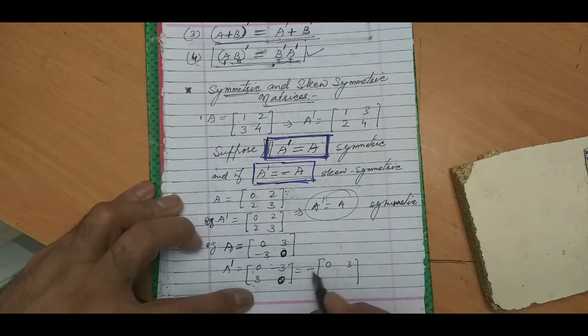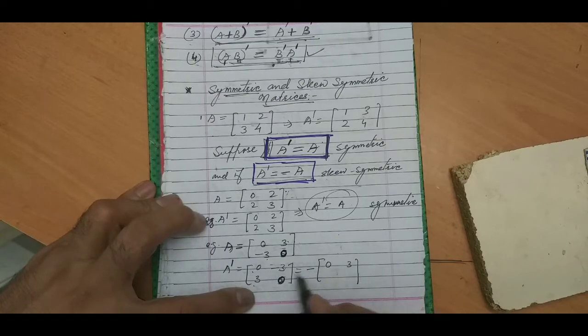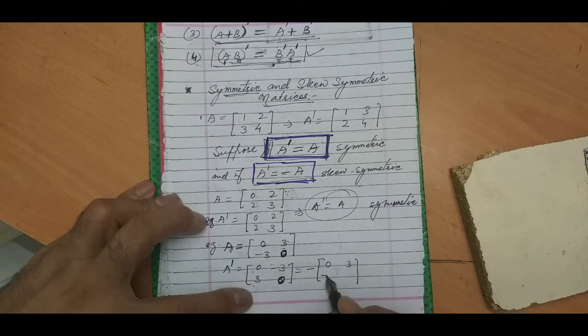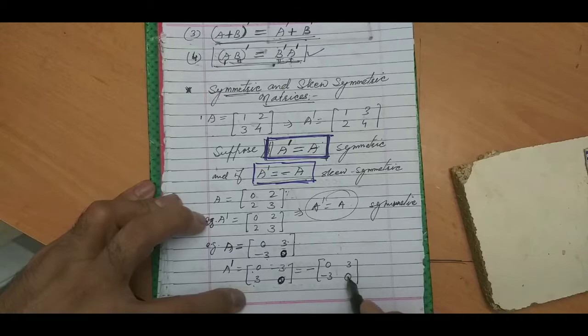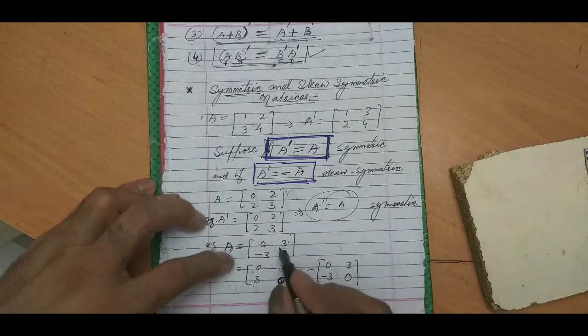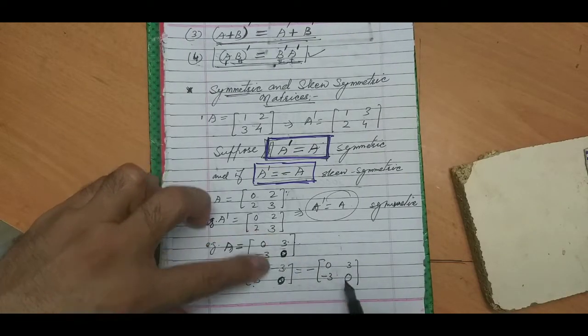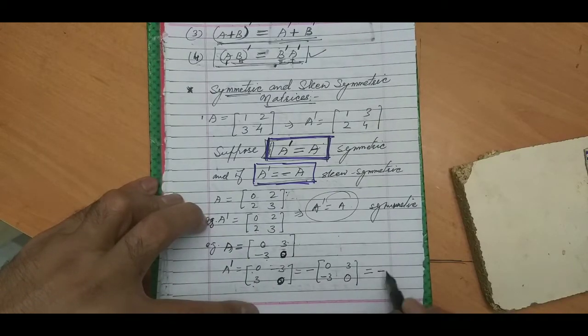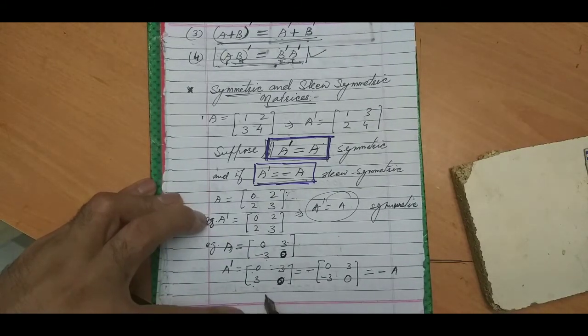Now let us take a minus common from each element, 0 and then plus 3 and then minus 3 here, and then this is 0. So you just compare with the matrix A, 0, minus 3, 3, 0. This is nothing but matrix A. So minus A, that means A dash is equal to minus A, means the matrix is skew symmetric.